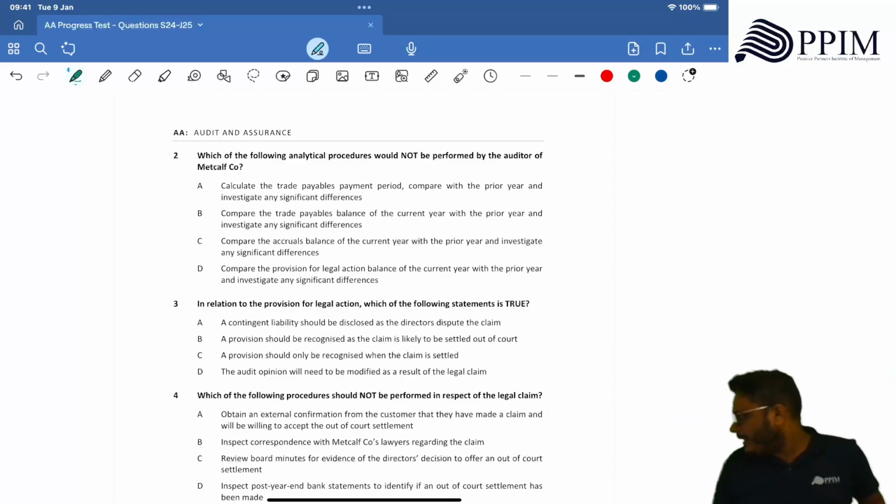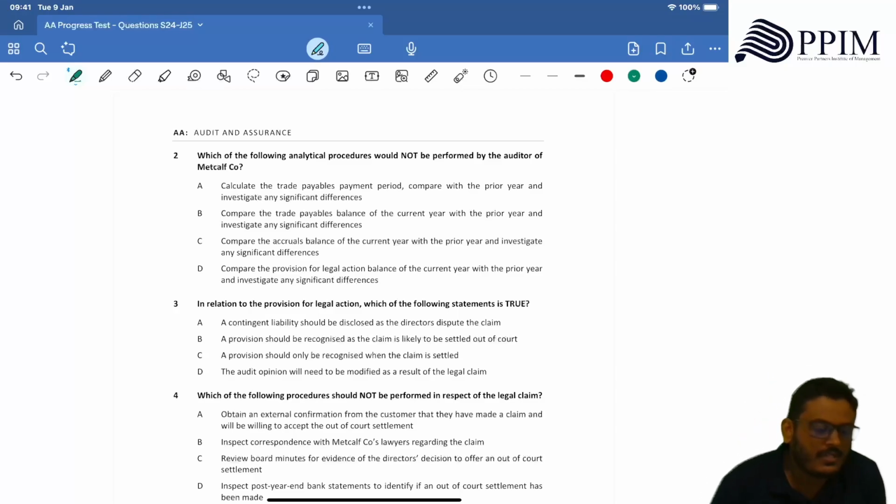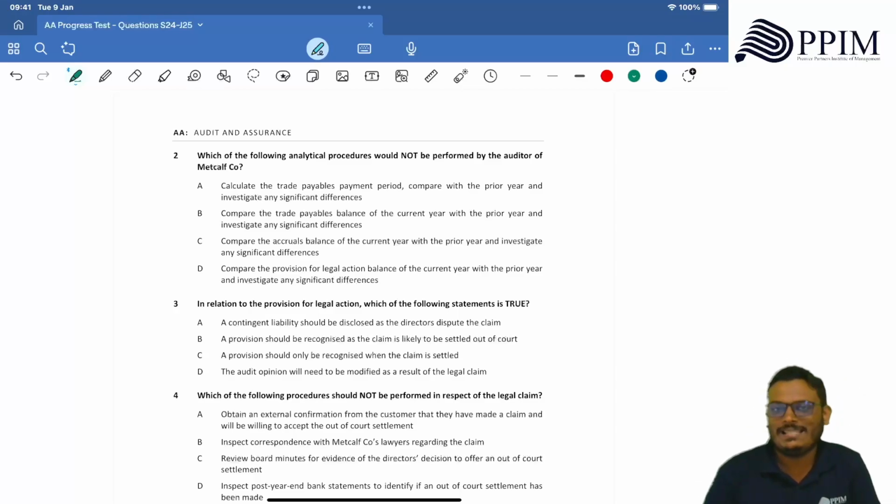Sir, can you explain how to identify assertions, the case study question? See, whatever the process that you go, for example, sales system, if you take sales related item, you should go with the sales system. So if you take left to right, for example, order, goods dispatch, sales invoice, this is left to right order.